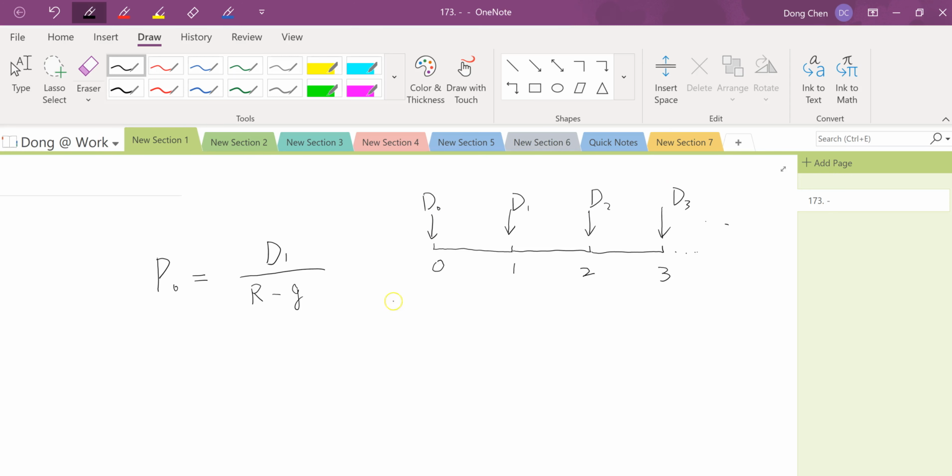And the setup basically tells us what the assumption, the dividend growth model simply assumes that the dividend grows at a constant rate, small g. So that's what this means, D1 times 1 plus g, and D3 equals D2 times 1 plus g. Yeah, and so on and so forth.